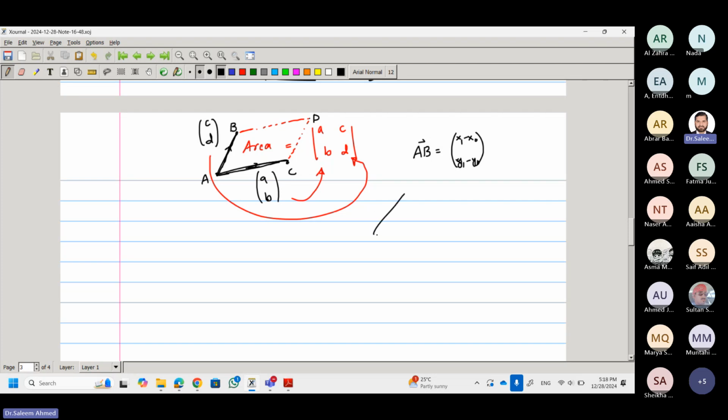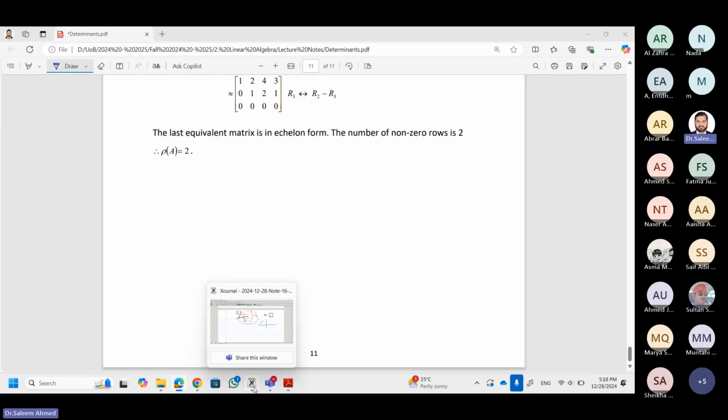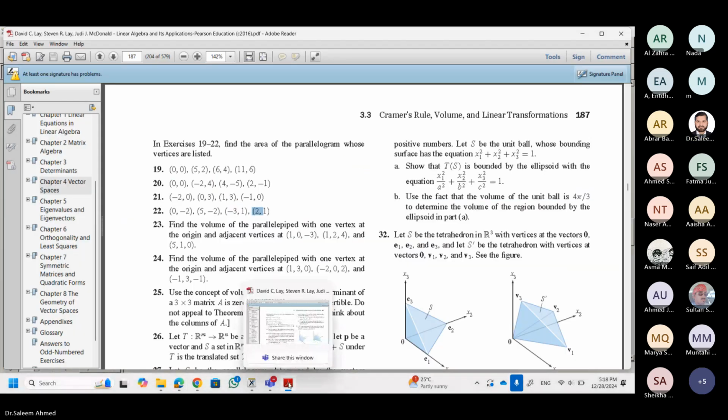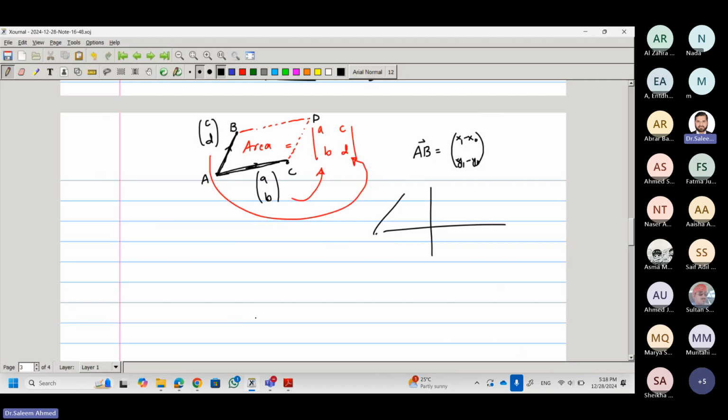So if you look at that question, 0 minus 2, 5 minus 2. This is 1 point, 0 minus 2, and then 5 minus 2. 1, 2, 3, 4, 5. 5 minus 2, this point.